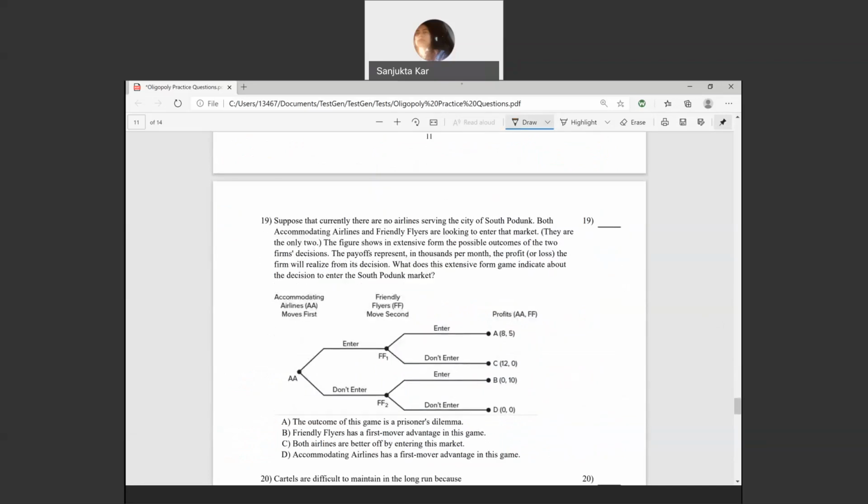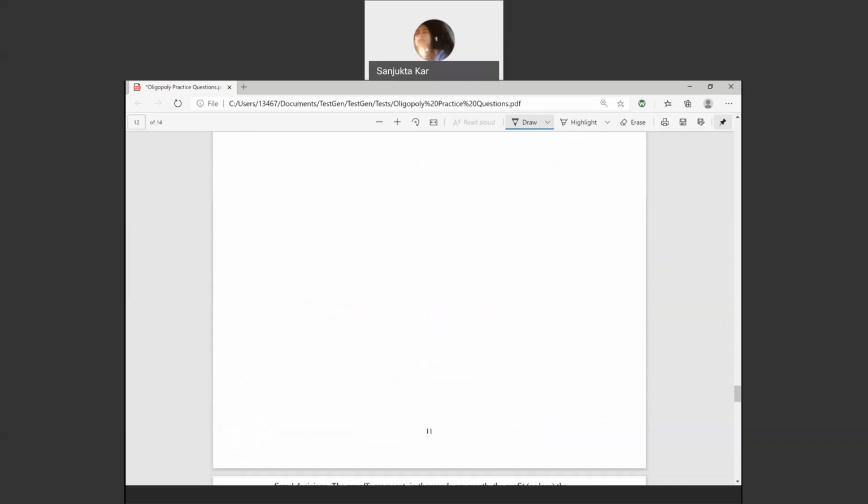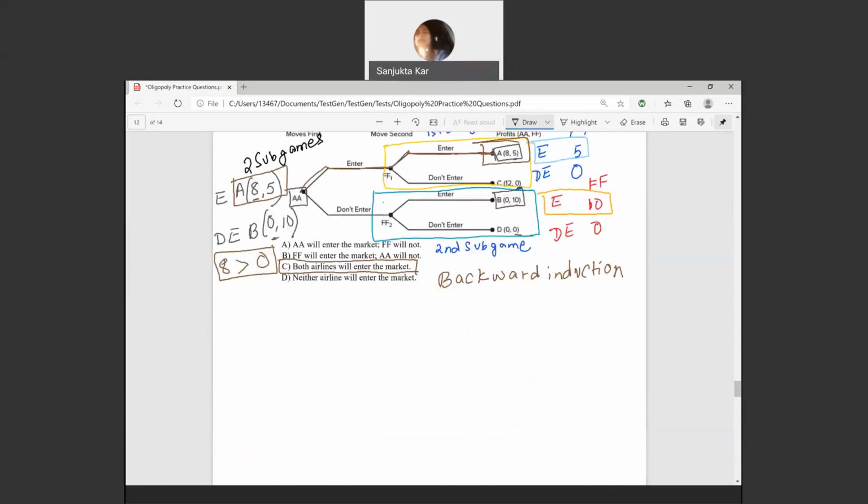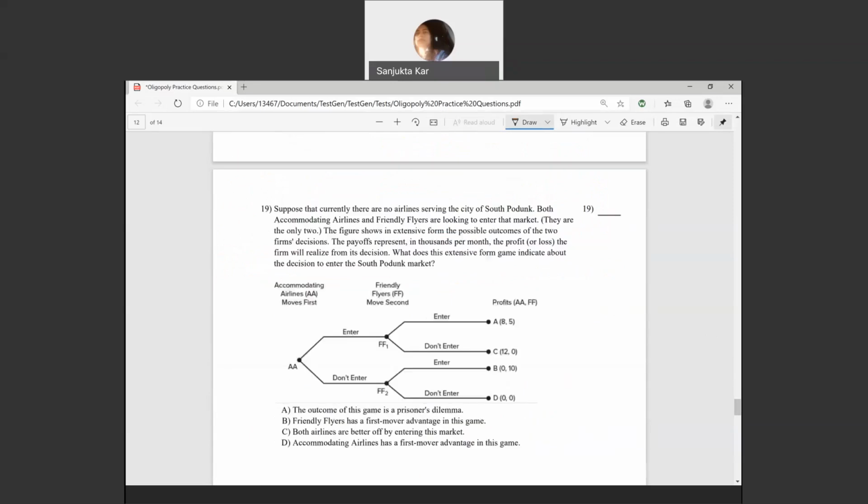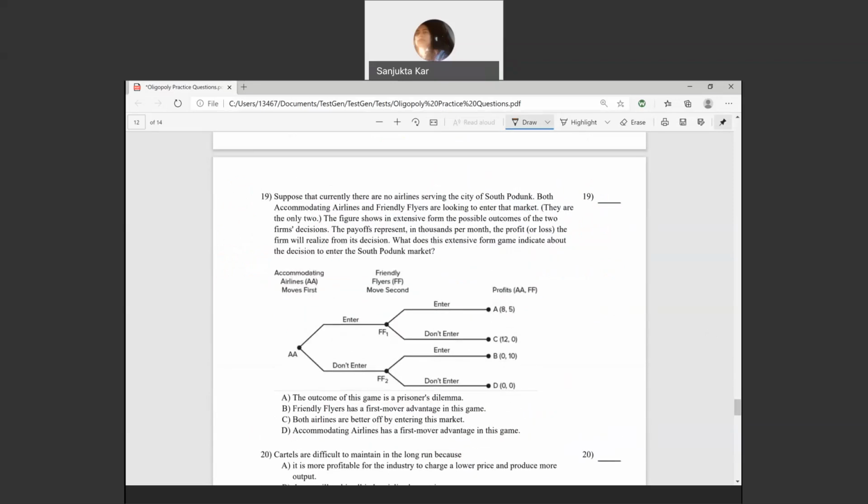Okay, question number 19 is, let me see, is it similar to this numbers here? Yes, this is exactly similar here. What does this extensive form game indicate about the decision to enter the South Podunk market? Both airlines are better off by entering this market.